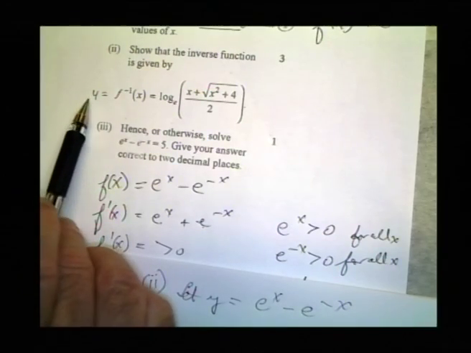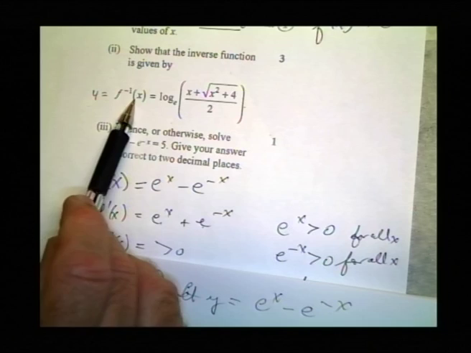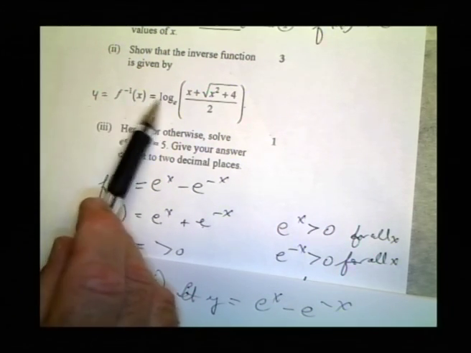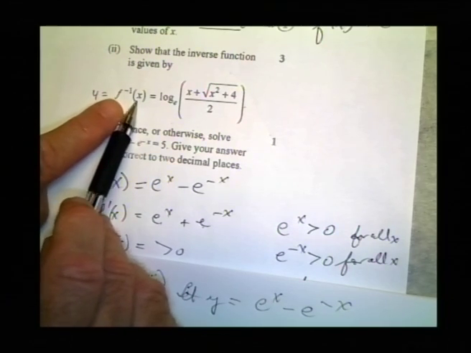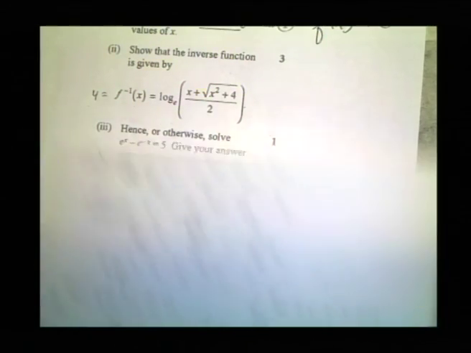And we have a look at the question now. That is the inverse. Now this fellow puts in here y equals such and such, or I put y equals there. This f to the minus 1 of x is a notation. So that's your new y equals that, which is the answer that I've just worked out here.